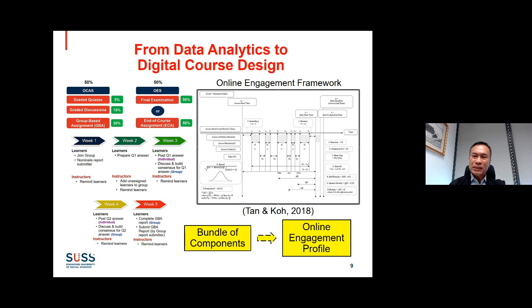Now, what we see on the right-hand side is the online engagement framework that Jess and myself developed in 2017, presented in 2018. Essentially, what we believe is this: online engagement, or more generally, learner engagement is important. We like to be able to measure learner engagement.